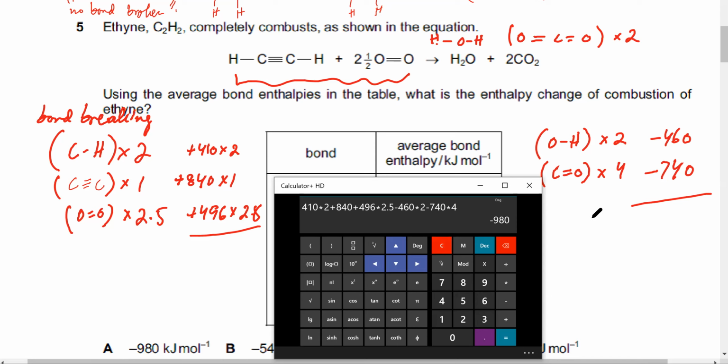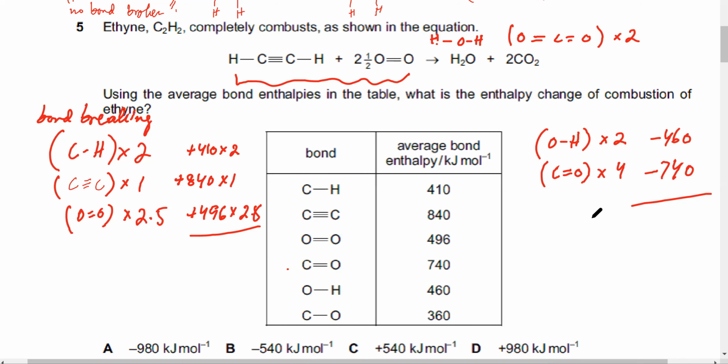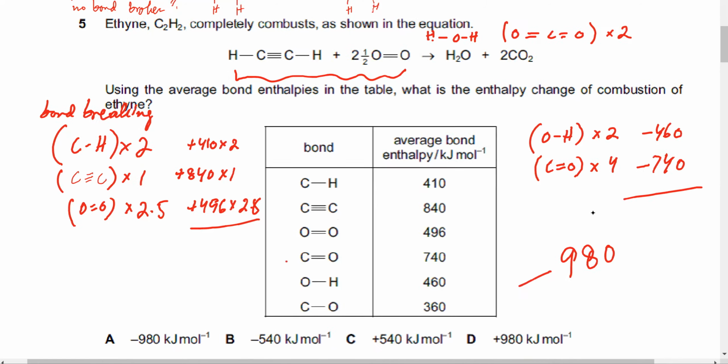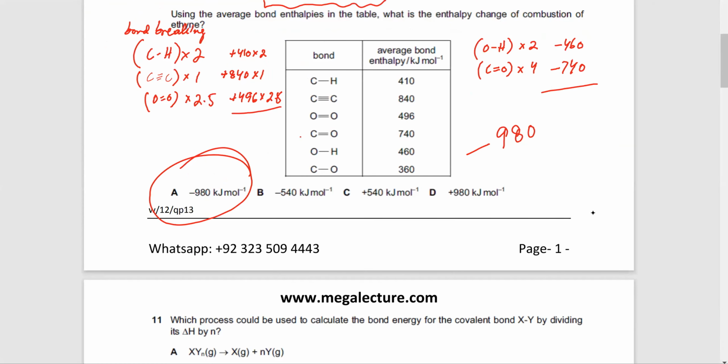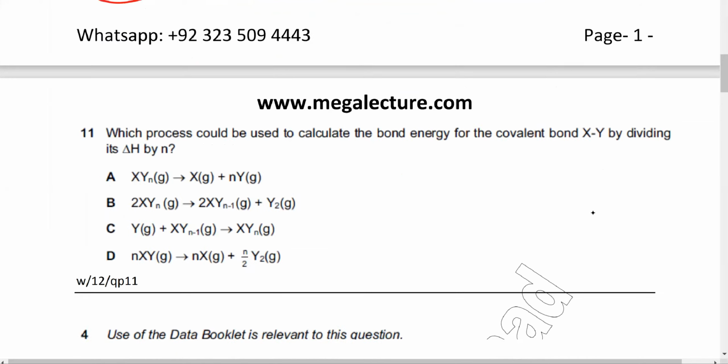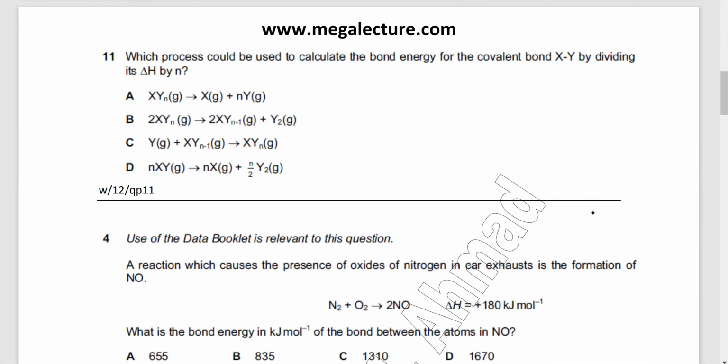That gives me minus 980. So my overall value is going to be minus 980 for this particular reaction, which is given as A over here. So these are all very simple questions that need to be solved. It's the same formula over and over again.